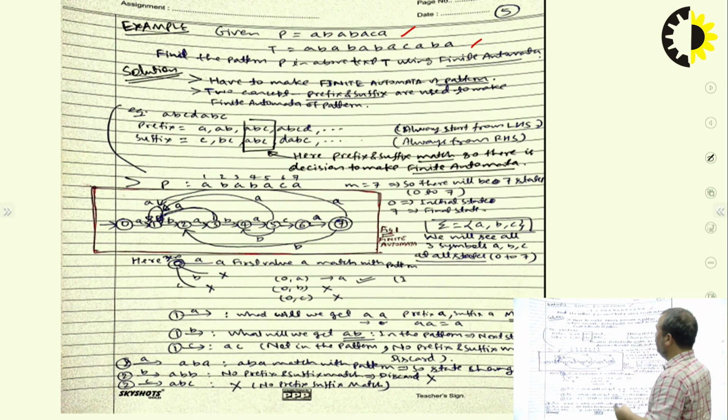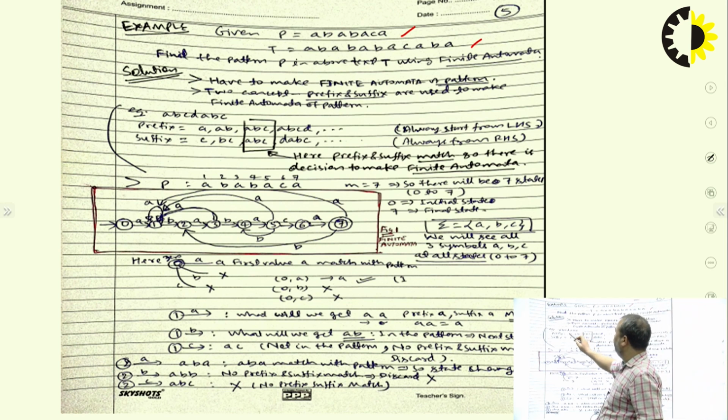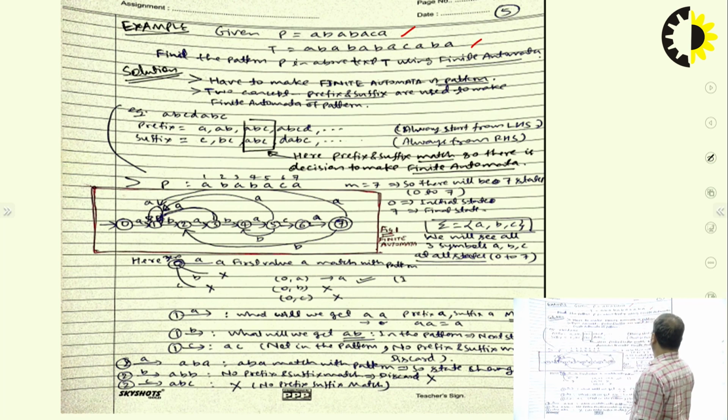For example, this is the string. The prefixes of the string start from the initial, like A, AB, ABC, ABCD, and the suffix always starts from the RHS, from the last. So this could be C, BC, ABC, like that.